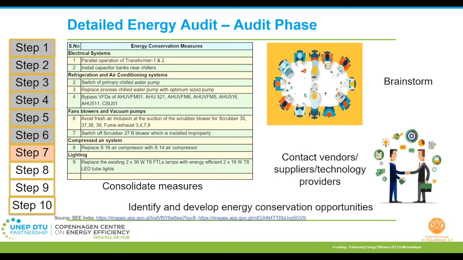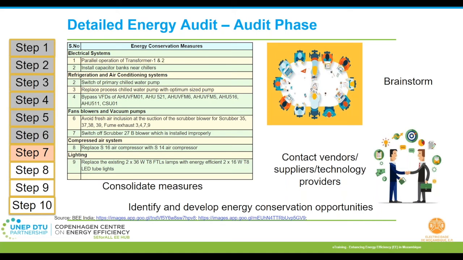So by now, in step 7, you would have taken all your measurements and analyzed the data. Now the energy auditor will develop proposals on the energy conservation opportunities through different sections and areas. The ideas will be consolidated and further refined.